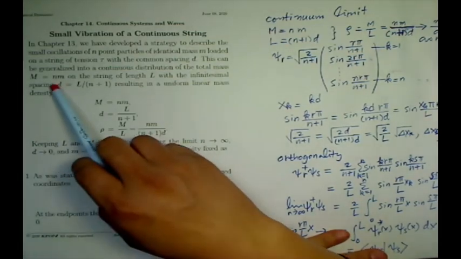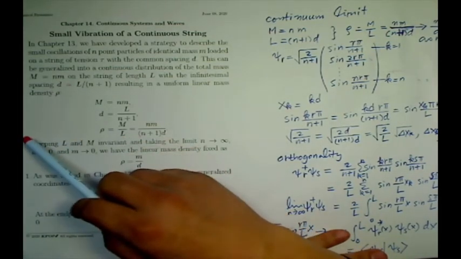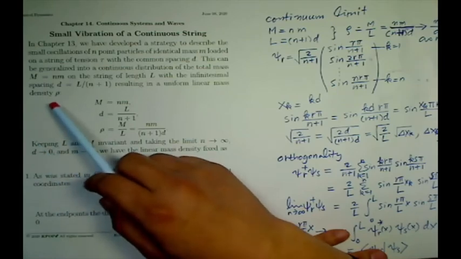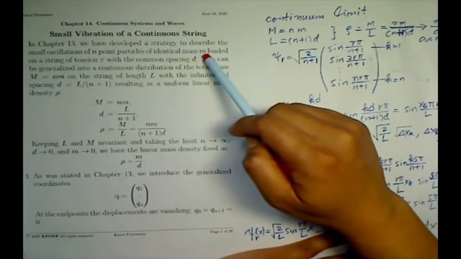First, we consider the loaded string. We have n beads, n identical beads with the mass m.